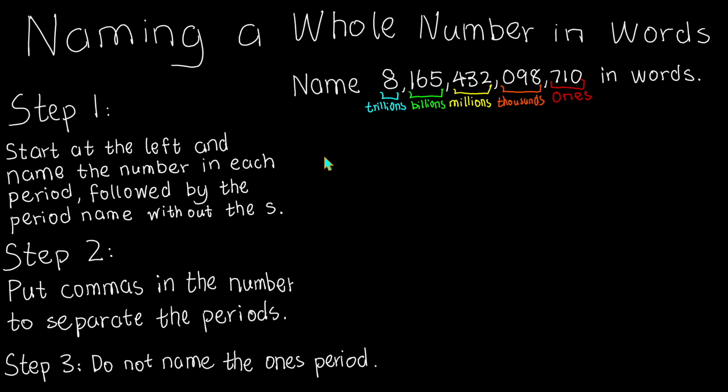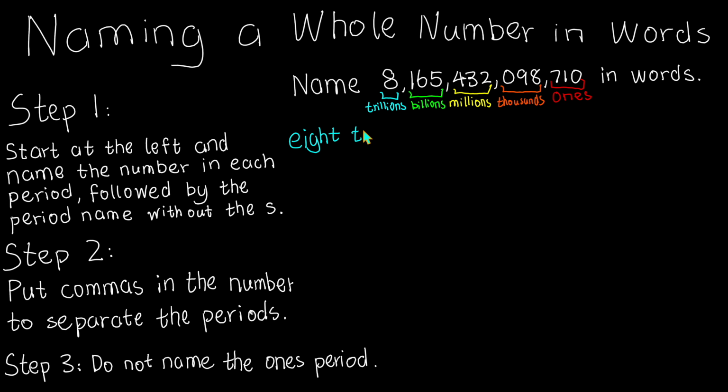So according to step 1, we are to start at the left and name the number in each period. So the left of this huge number is this number right here, and the name of this number, we all know it's going to be 8. And we're going to follow that by the period name without the s. So the period name is trillions. Without the s, it's going to be trillion.